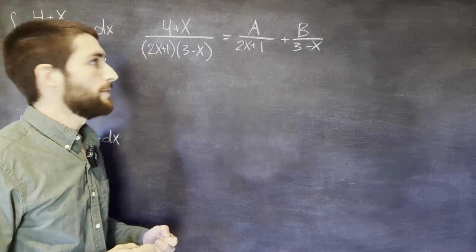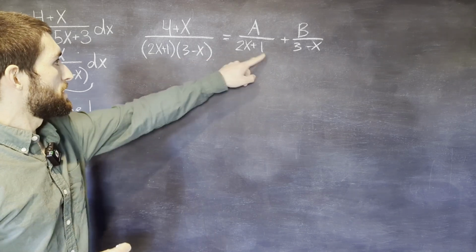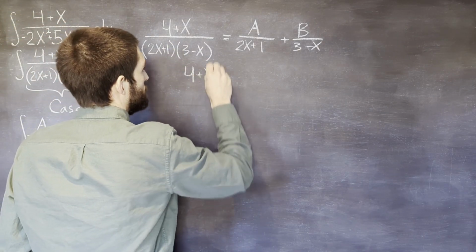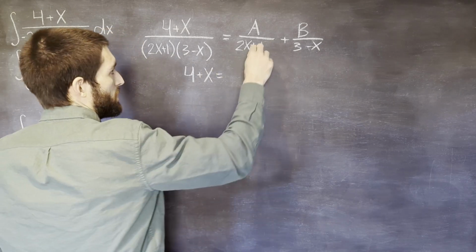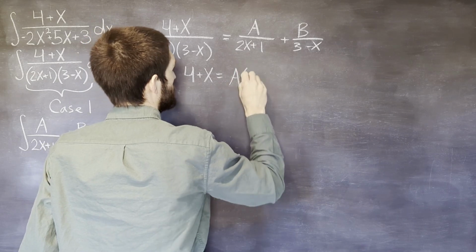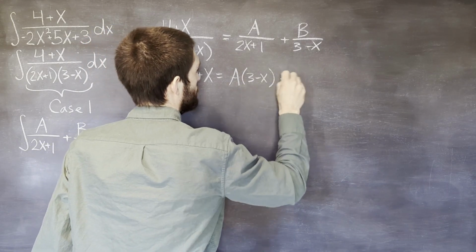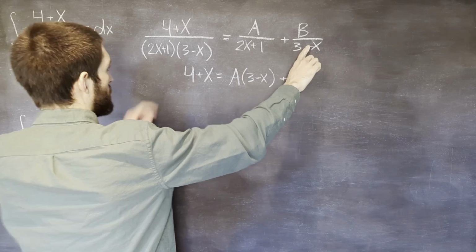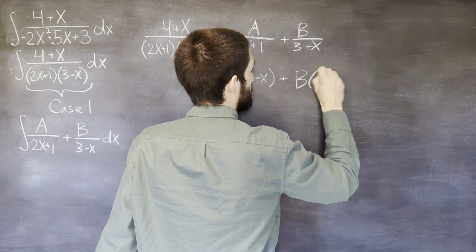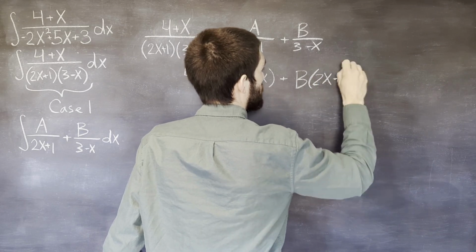And we should always simplify, so we multiply both sides by this denominator. On this side, we'll just be left with 4 + x. If we multiply this fraction by this denominator, 2x + 1 will cancel, giving us A times (3 - x). And if we multiply this fraction by this denominator, 3 - x will cancel, giving us B times (2x + 1).